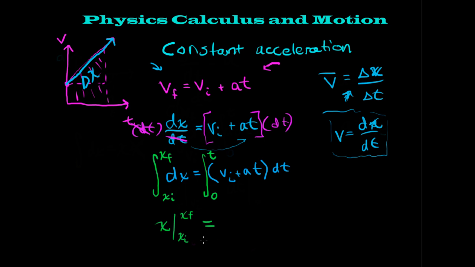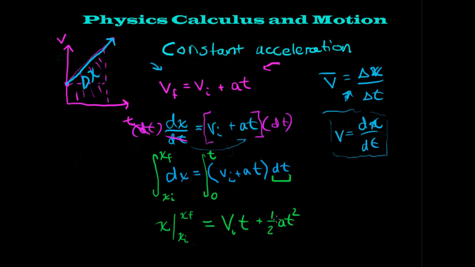And that's going to be equal to, now, when you integrate this, remember the rule of the integrals. You can actually integrate this and integrate this separately, since they're the sum of two integrals. Alright? So this one here, when you're integrating with respect to time, becomes initial velocity times time, and this one here becomes 1/2 at squared.